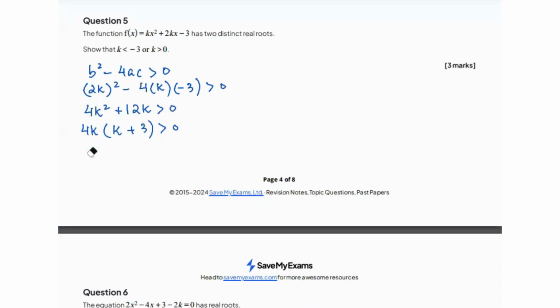So whenever we have a discriminant and quadratic inequalities, we'll roughly sketch the curve. So one point is 0 and the other point is -3. So this is our graph for this. And it says greater than 0. Since it says greater than 0, that means we look at the values of k above the axis.